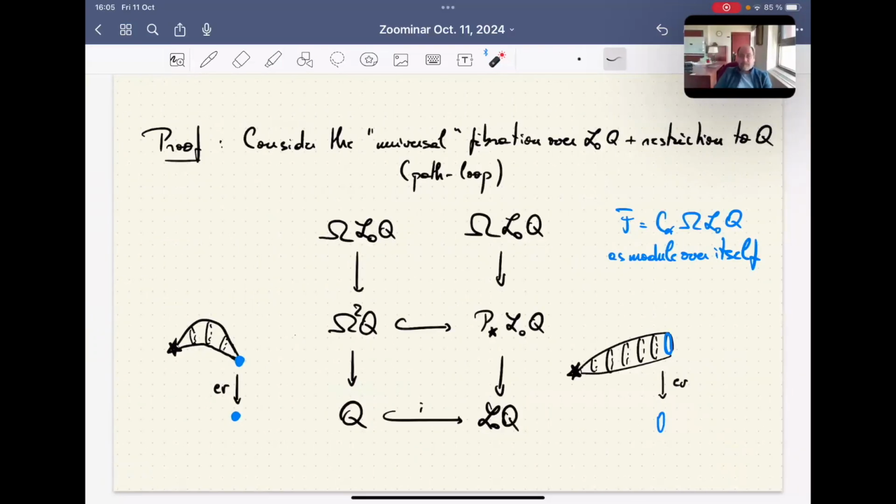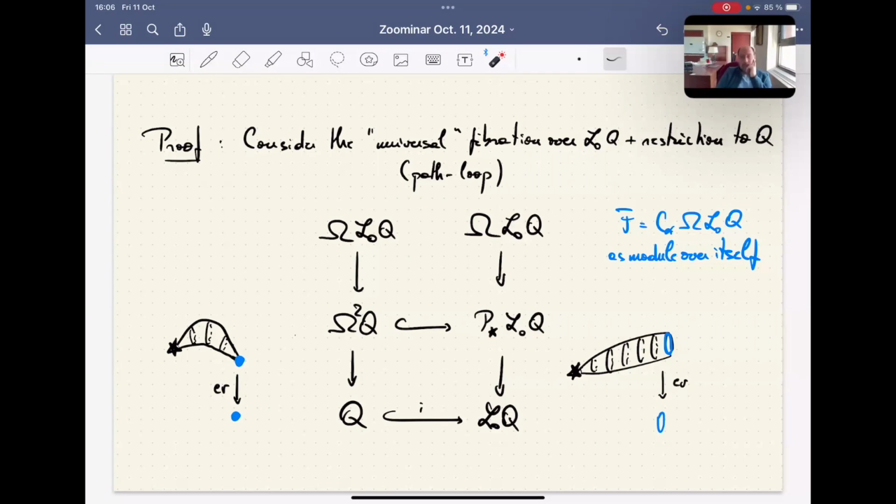And the proof is that we consider on the free loop space the mother of all fibrations, the universal fibration, which is the strongest. That's the path-loop fibration whose total space is contractible. I denote it by P star, L_0 Q. So I work only over contractible loops.